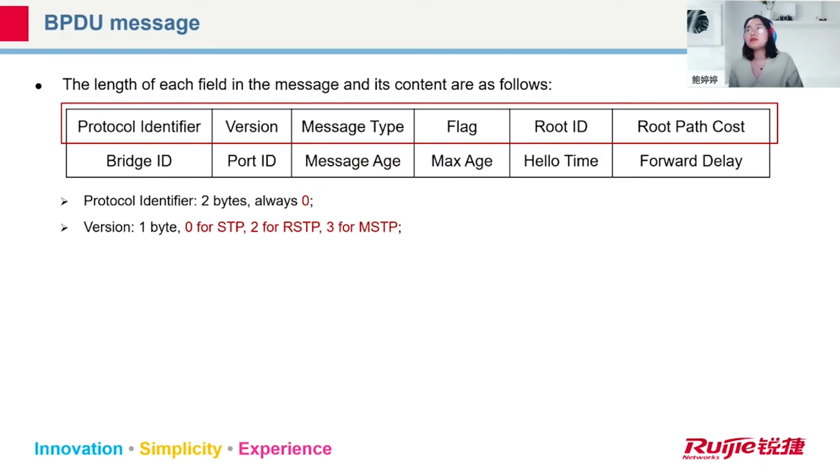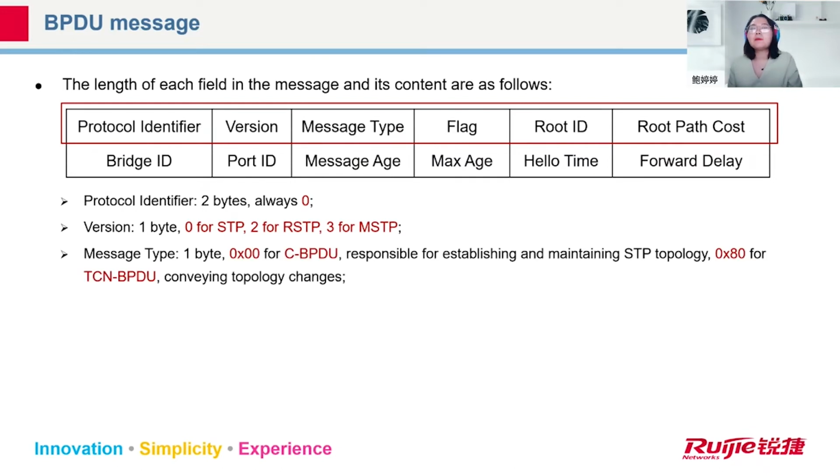It has 1 byte. The different values indicate that this BPDU is of a different type. We have 3 types, right? 0 for STP, 2 for RSTP, and 3 for MSTP. So if you enable MSTP in your network, when you check the version, this will be 3. So this switch will work according to the MSTP mechanism, and will not only consider the STP. So this is the value of the version.